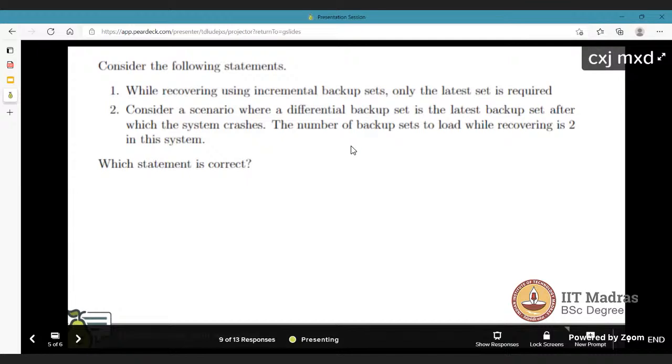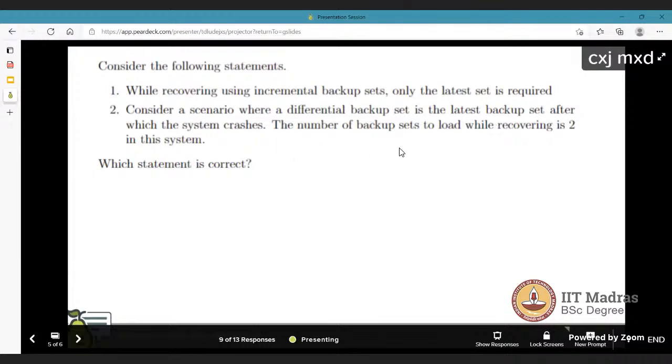Okay, so what I'm saying is, by definition, a differential backup backs up only those data that have been changed since the last full backup, right? So there will be one full backup, and in between there might or might not be incremental backups. After that, there will be a differential backup after which a system crash occurs.